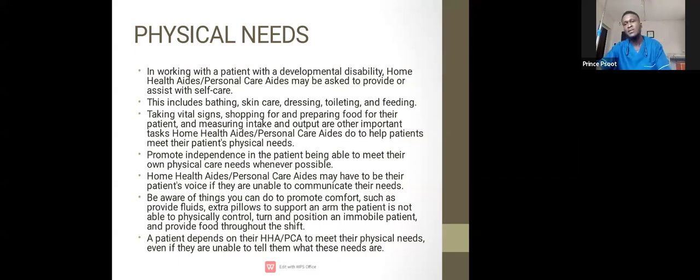Now, when working with a patient with a developmental disability, home health aides or personal care aides may be asked to provide or assist with self-care. What are those self-care tasks that fall under the physiological needs? Bathing, skincare, dressing, toileting, feeding, and measuring intake and output of foods are also important tasks.